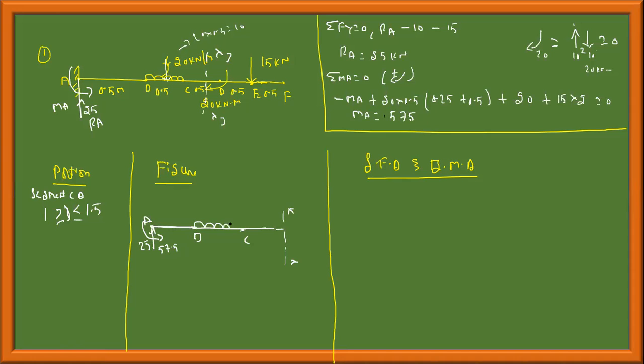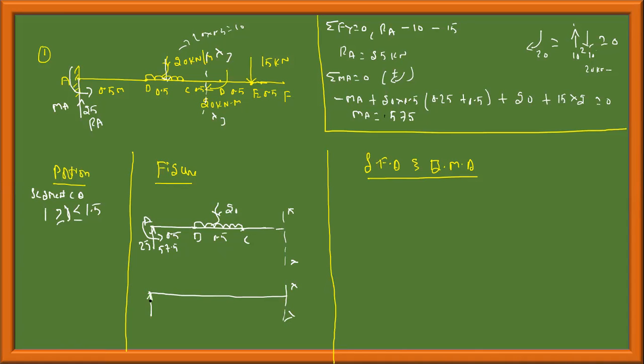I'll write the UDL like this: 20. This is 0.5. This is 0.5. I can write the equivalent force at section x3 or xx.